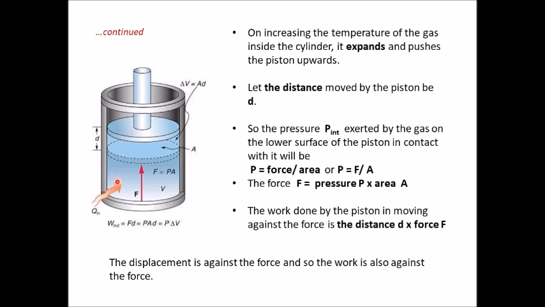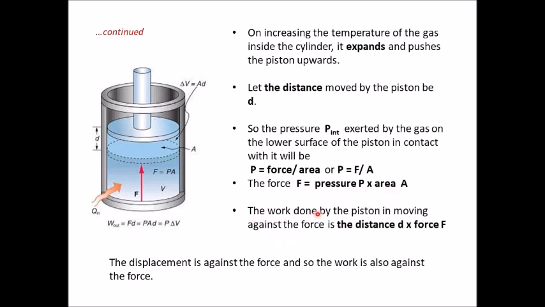So the pressure internal, exerted by the gas on the lower surface of the piston in contact with it, is pressure equal to force per unit area, or P is equal to F upon A. The force F is equal to pressure P into area A.